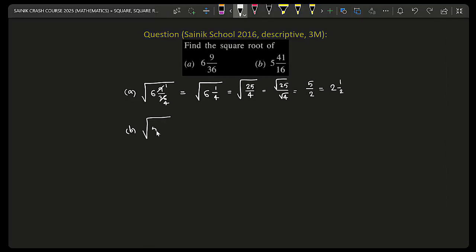Square root of 5 41 by 16. Okay, 41 by 16 is still an improper fraction, right? Yes, sir. 41 by 16 can be again converted into mixed fraction. Yes, sir. So we convert 41 by 16 into mixed fraction.